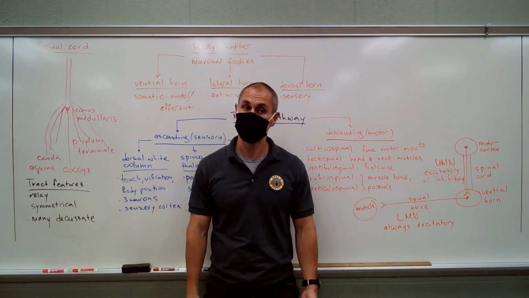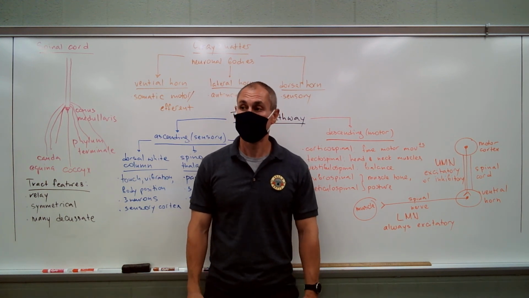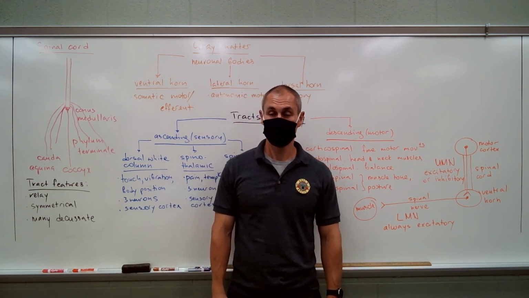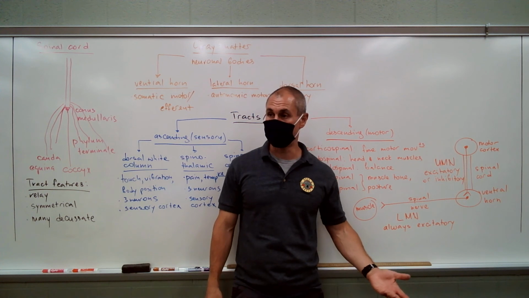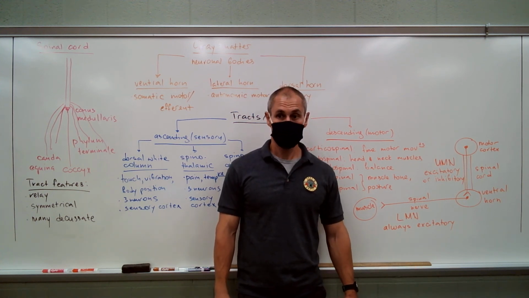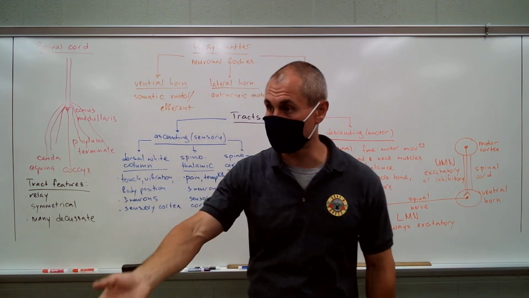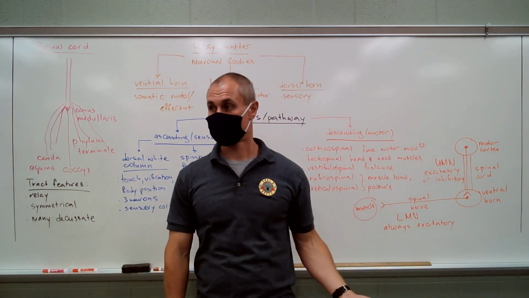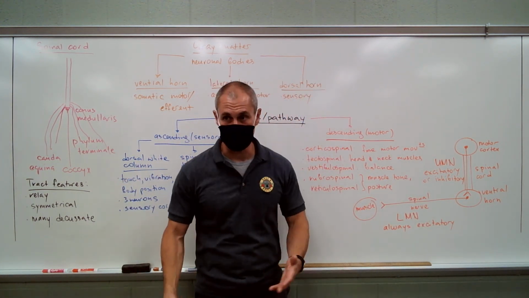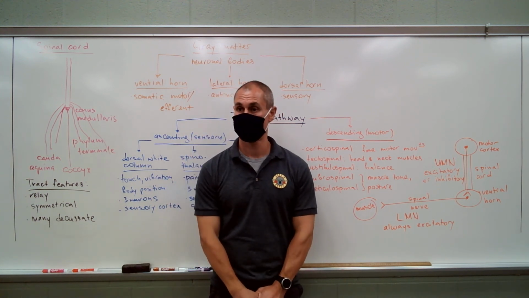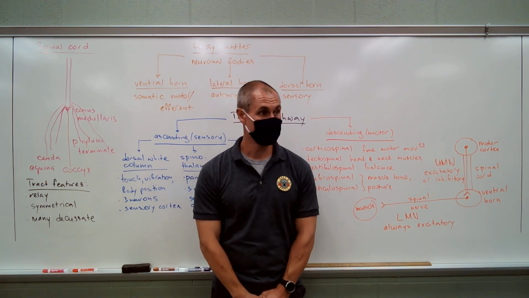You're going to see that, and more than you want to. There are going to be like 4 or 5 questions on this. You should know lateral corticospinal, ventral corticospinal, dorsal spinocerebellar, ventral spinocerebellar. It's purely identification, just identification. Questions? Okay.